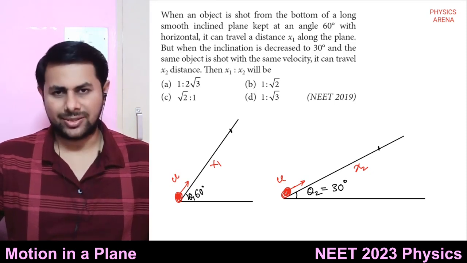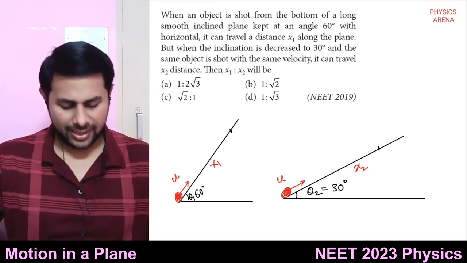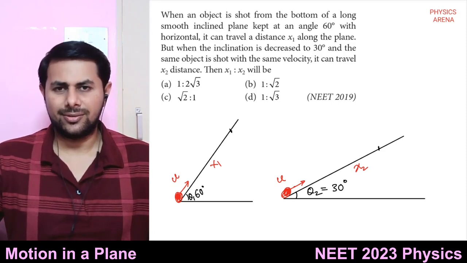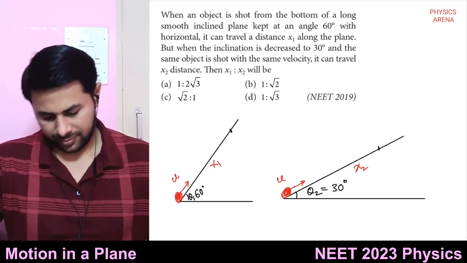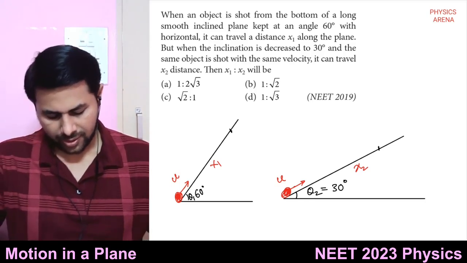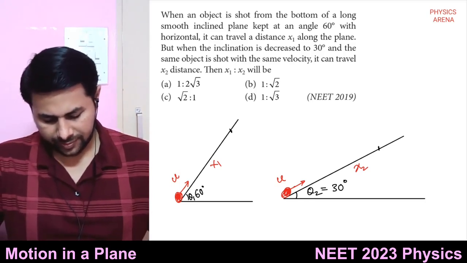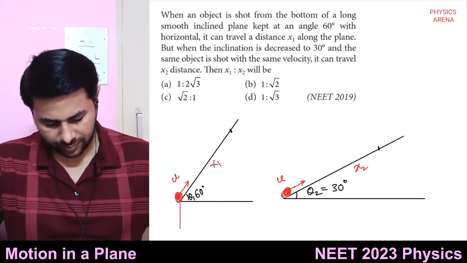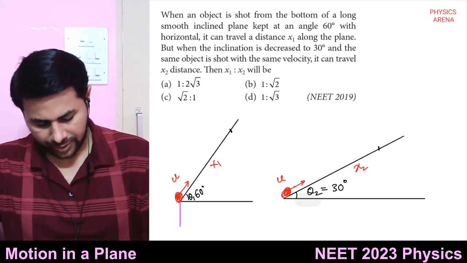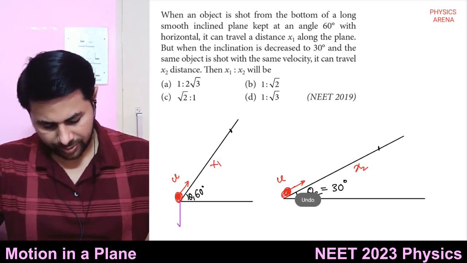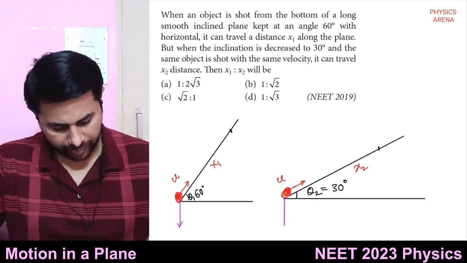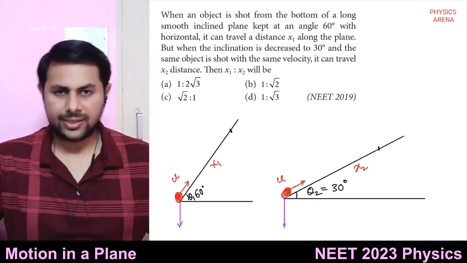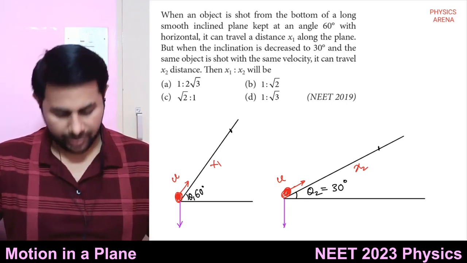There will be some acceleration, right? What is the acceleration acting on that object? There is acceleration due to gravity, equal to g, but that acceleration is acting downwards, not along the plane.